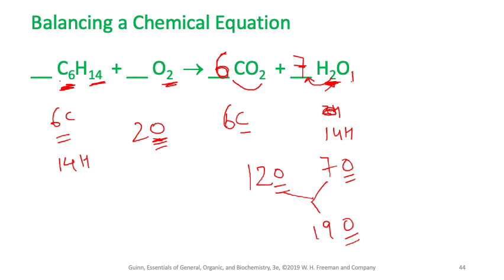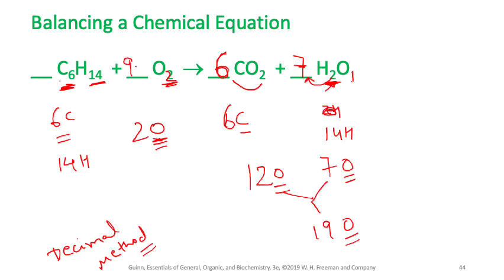So we're gonna use a concept called the decimal method. We have to put a decimal number in such a way that you can equate the number of atoms on both sides. So you have 2 atoms in here. What number should I write in the coefficient so that it becomes 19?